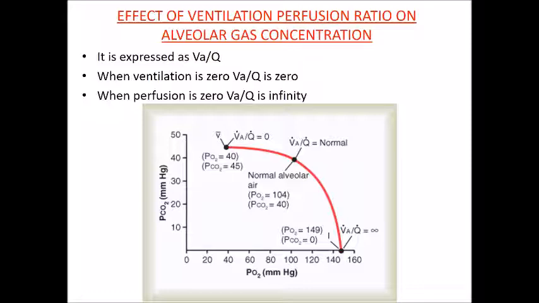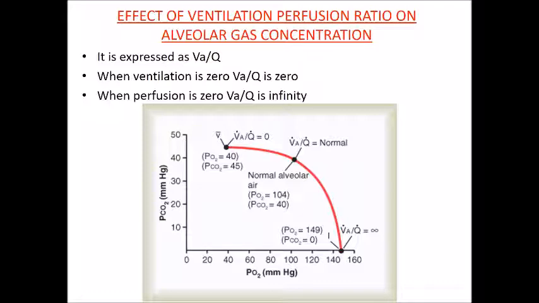So PO2 will be 40 and PCO2 will be 45. So at ventilation perfusion ratio 0, partial pressure of oxygen is 40 and partial pressure of carbon dioxide is 45.